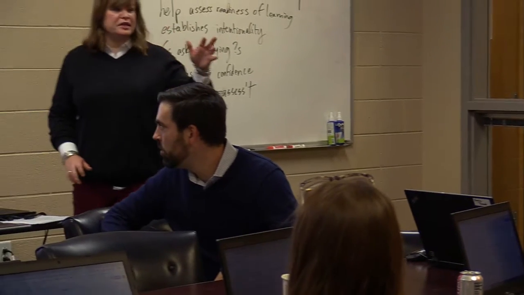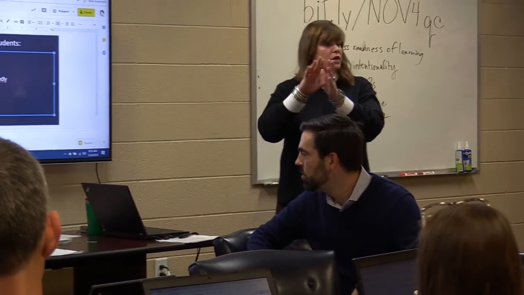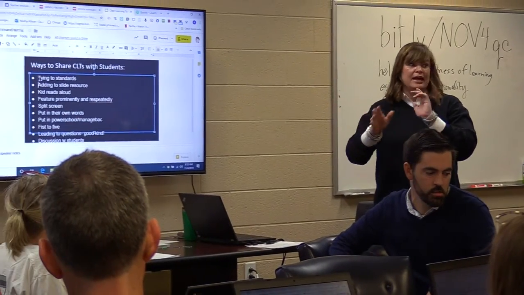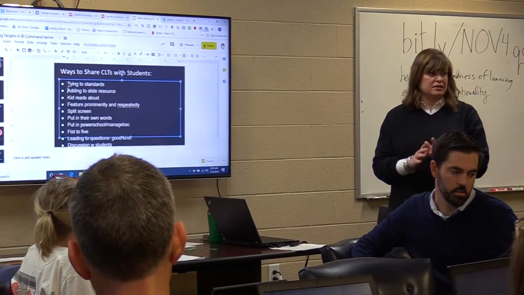Is it in your strength box, or is it in your need to learn box? That brings extra attention: I really need to pay attention to this one because this is one I missed on the benchmark. That's what Ben and I are doing. That too is very intentional about making sure the students understand what the standards are, what they say, and where they are in relation to that standard.